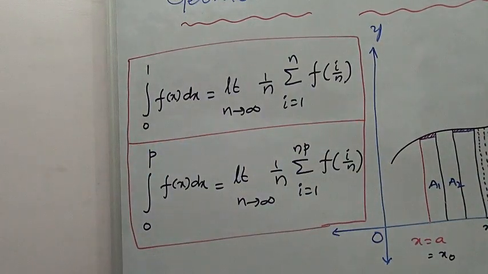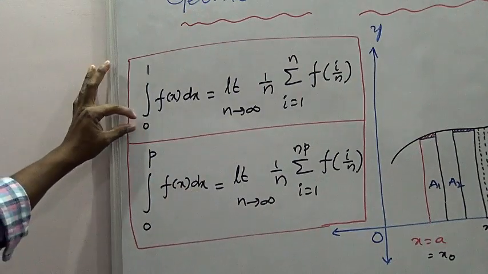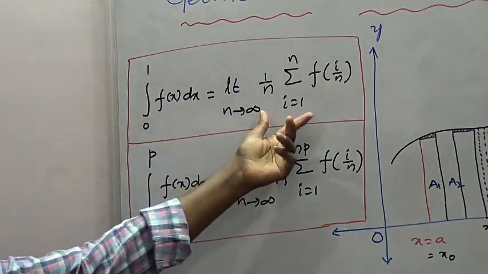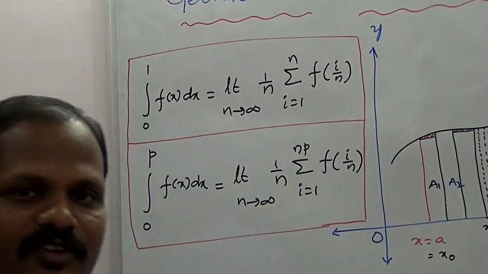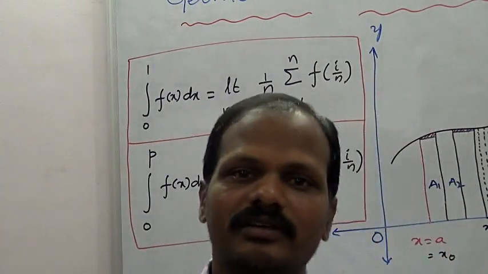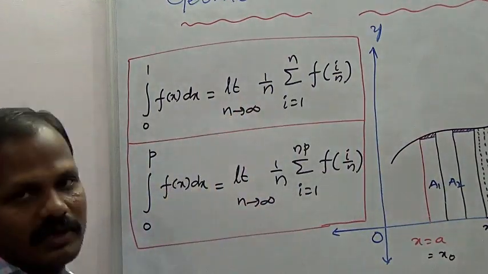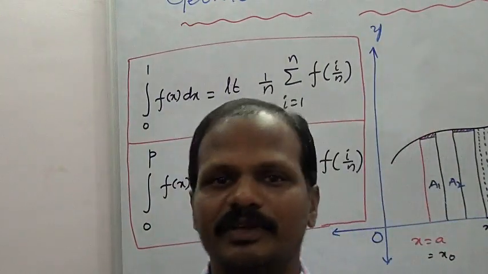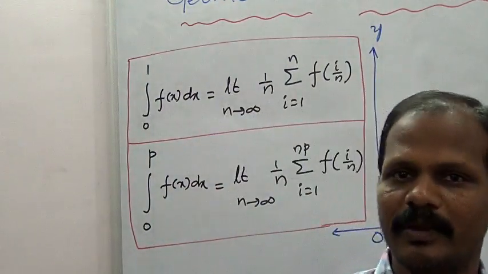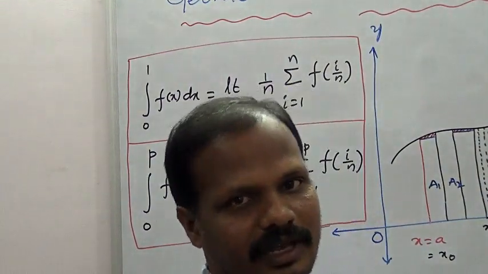If the limits are 0 to p, you have to use this one; if the limits are 0 to 1, you have to use that one. So for finding the definite integration by using infinite limit sum, you use this formula. Otherwise, by the fundamental theorem of integral calculus, which is F of b minus F of a, it is very easy.